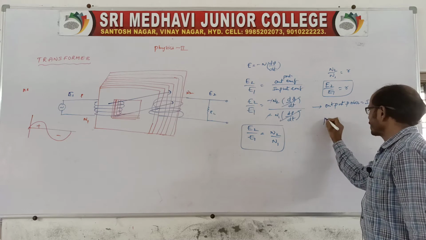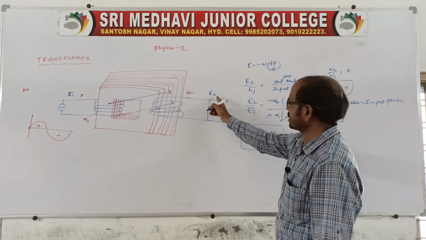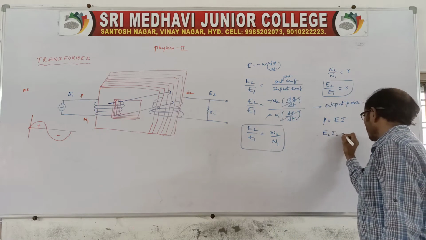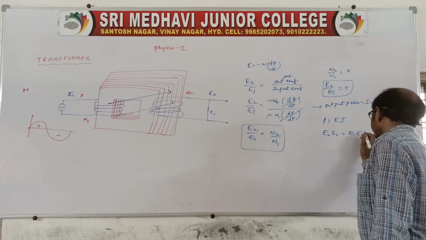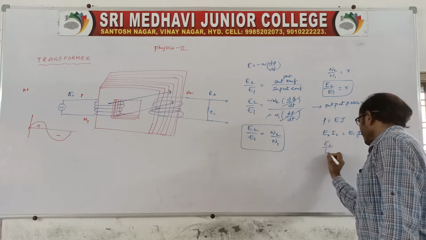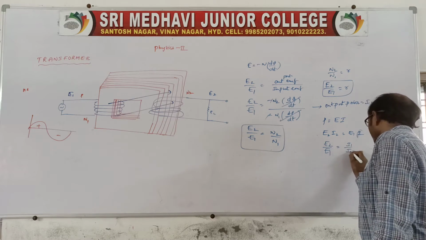We know power is E into I. Output is E2 and I2, so you write E2 I2 is equal to E1 I1. So E2 by E1 is equal to I1 by I2.